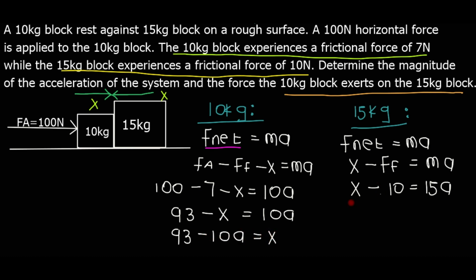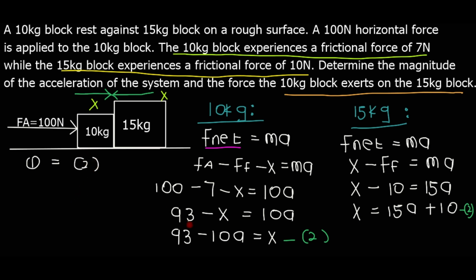And as for this one, we take this negative 10 to the right hand side, so x equals 15a plus 10. So I can say this is equation 1 and this is equation 2. So from there, equation 1 equals equation 2.